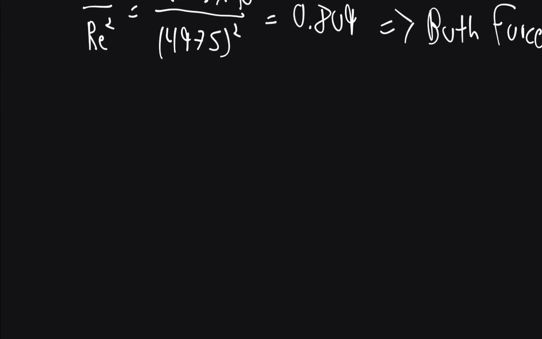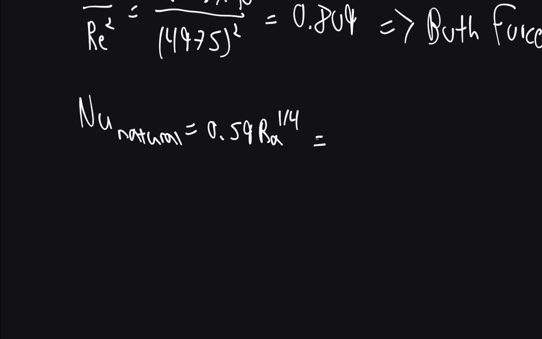So we're going to first calculate the Nusselt number of natural convection. For a flat plate, that is about 0.59 times the Rayleigh number to the 1/4.